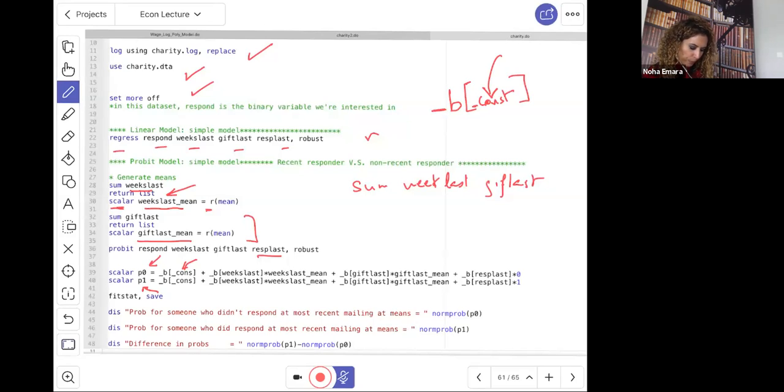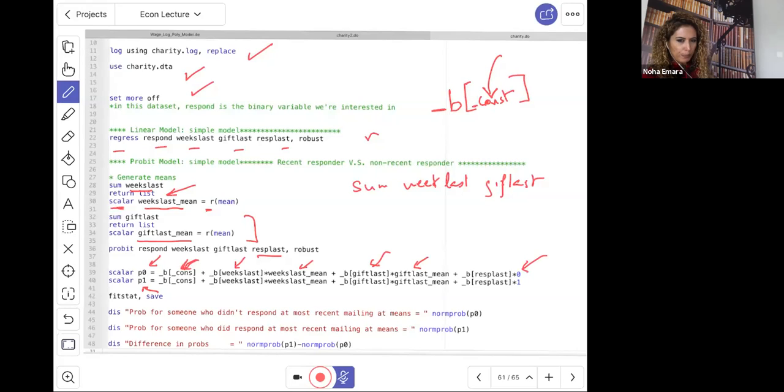So you're extracting it, taking the coefficient or the beta of weeks last, multiplying it times its average. I'm setting it at the mean, doing the same with gift last, multiplying it times the mean. And this is my variable of interest, which is respond last, right?